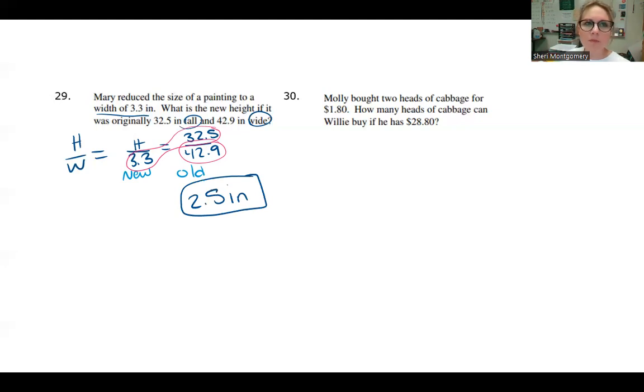We have one more problem that we're gonna do together. Molly bought 2 heads of cabbage. So we've got heads of cabbage and then the cost. We have 2 heads of cabbage for $1.80. How many can Willie buy if he has $28?